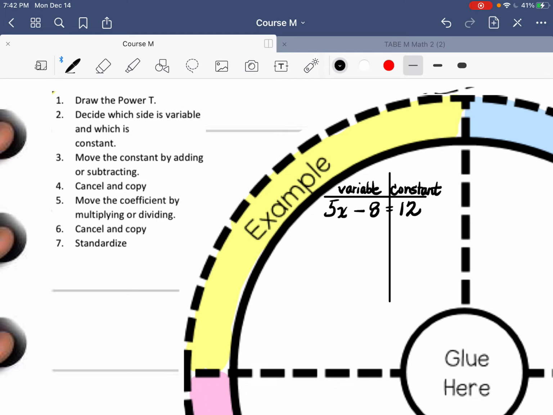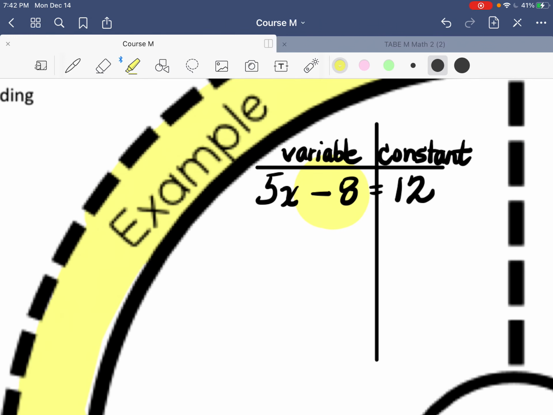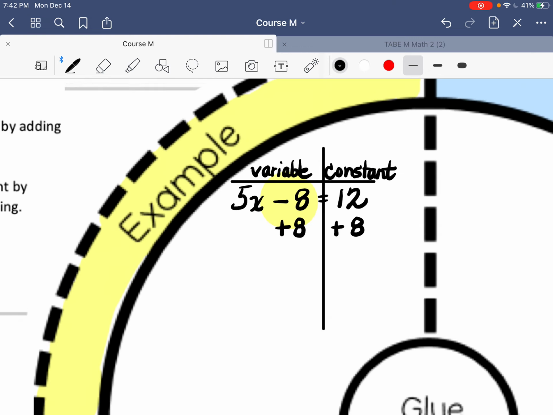Then notice step 3. It says to move the constant by adding or subtracting. So what that's talking about is this one right there, the negative 8. I need to do the opposite of negative 8, so I'm going to say positive 8, and I'm going to do that on both sides.